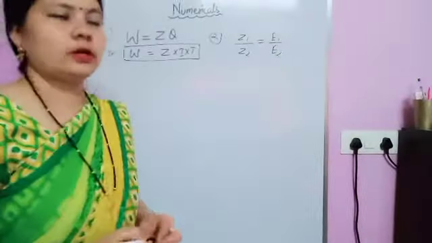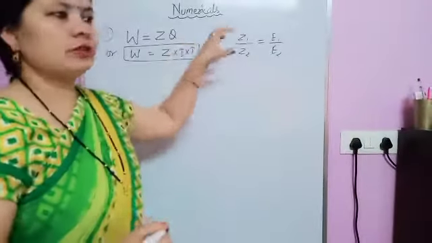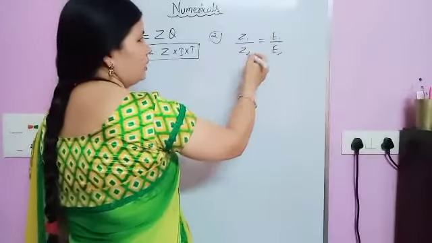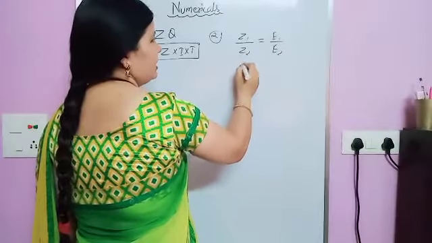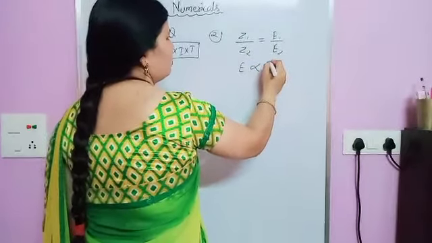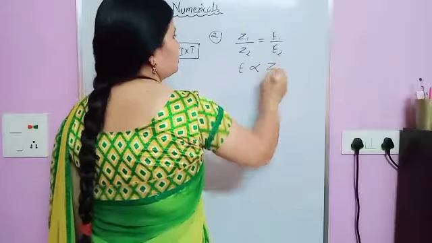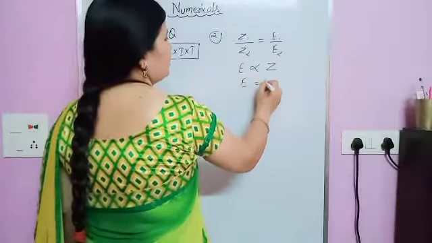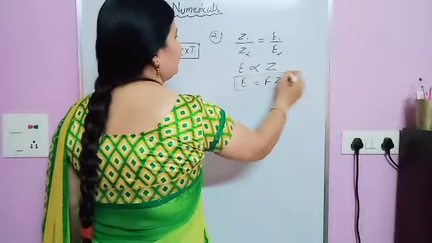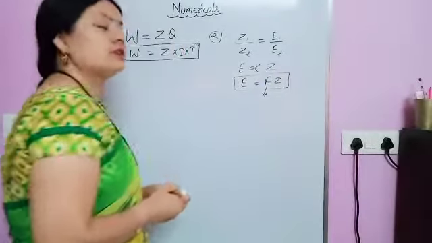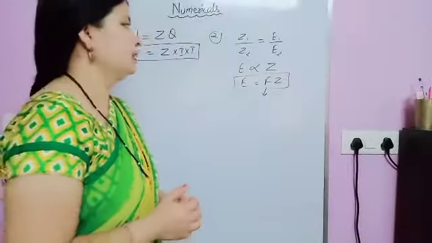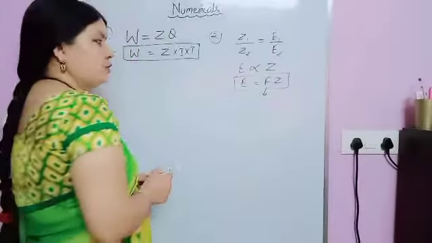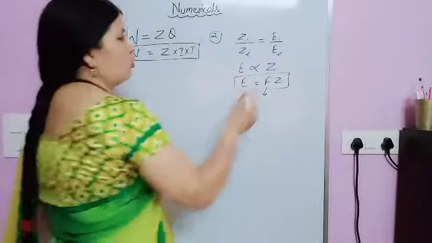After solving this, we got something, and with the help of this we calculated one more thing: E is directly proportional to Z. When you remove this sign, it is E equals F into Z, where this F is Faraday's constant, or you can say it's the charge on 1 mole of electron.